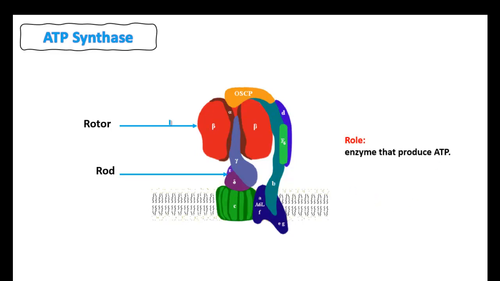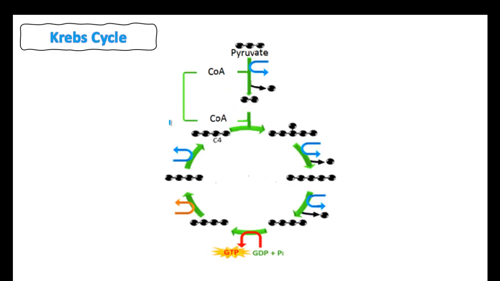After this introduction, we are going to go into the reactions of the Krebs cycle. As I said in the beginning, pyruvate, or pyruvic acid, is going to leave the cytoplasm of the cell and get into the matrix of the mitochondria to be broken down into energy.